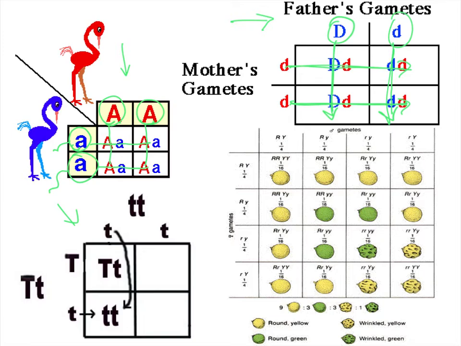And then, of course, the inside would be the offspring. These would be parent 1, parent 2. And then this is a dihybrid cross, which we're going to get into. You just wait. So the dihybrid is looking at more than one trait. So if you look here, they could either be round and yellow or wrinkled and green. So it's looking at how 2 traits are inherited rather than just one.